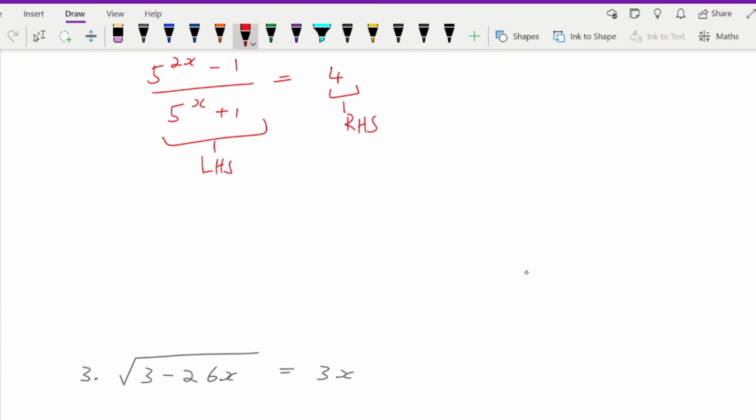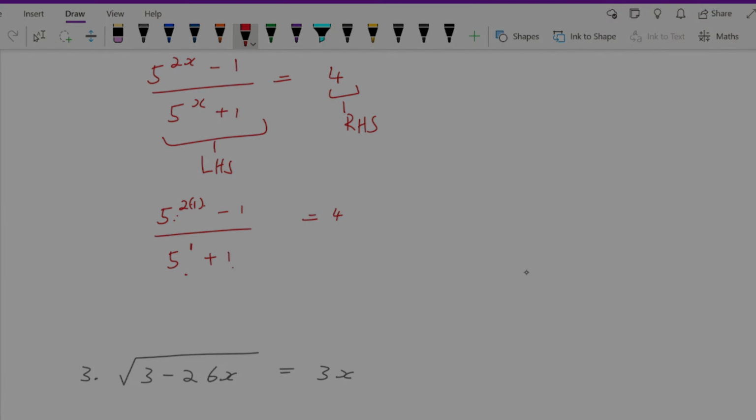The left hand side, since we know that x is equal to 1, we can substitute. So 5 to the power 2 times 1 minus 1 over 5 to the power 1 plus 1 equals 4. So already here we have 5 squared, which is 25.